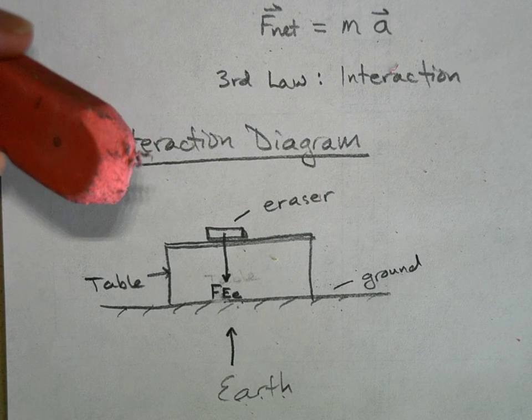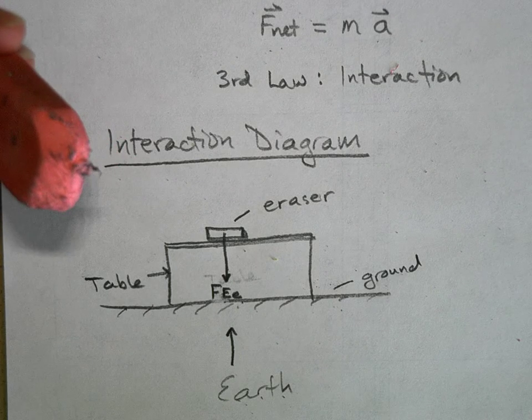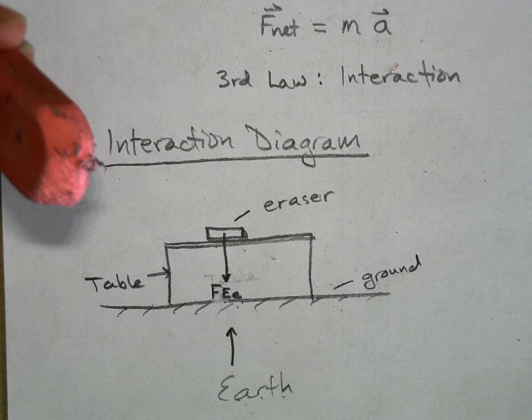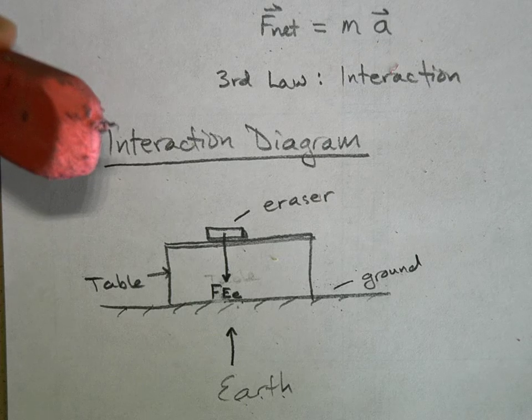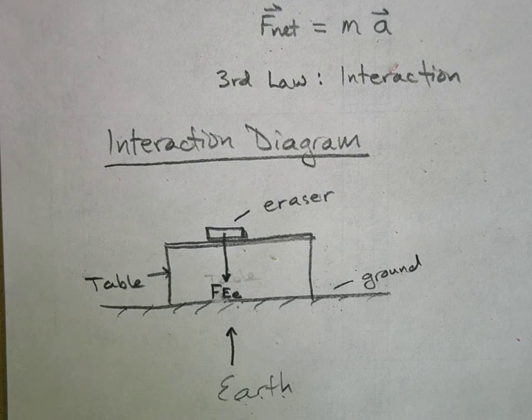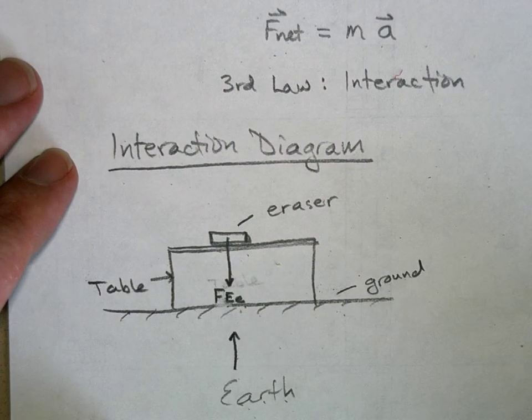Because the earth has like a billion thousand times more mass than the eraser does. Something like that. And so we don't notice its effect on the earth, but it's there. So this is Newton's third law.